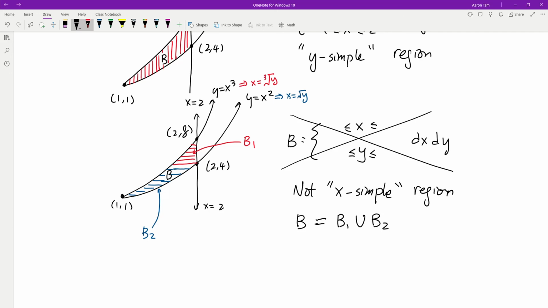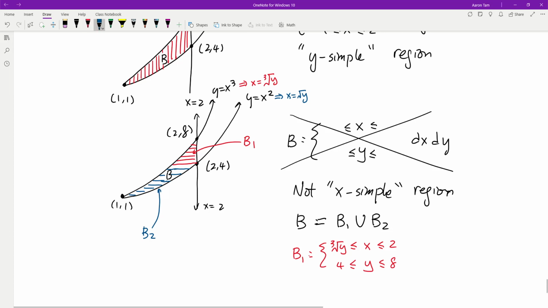And I can now define B1 to be the following. X has to go between cube root of y and 2, and y has to go between 4 and 8. So go from 4 to 8 on the y. The region I want to define is between the curve cube root of y and x equal to 2.